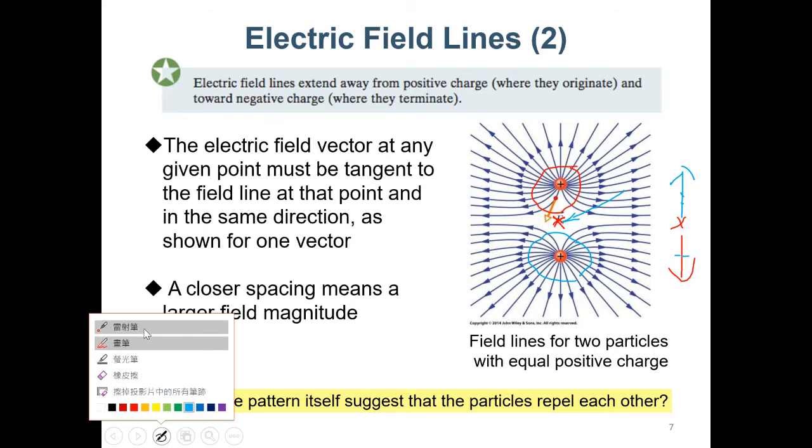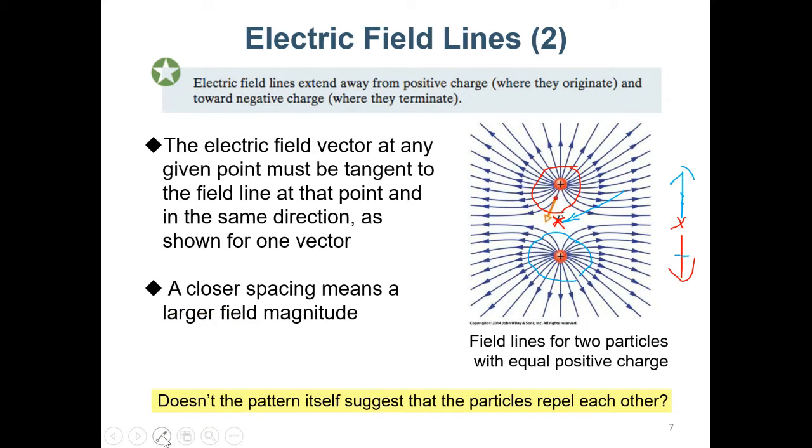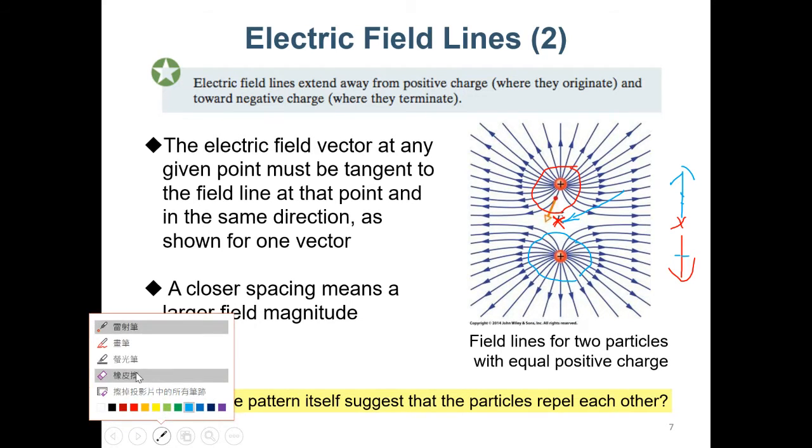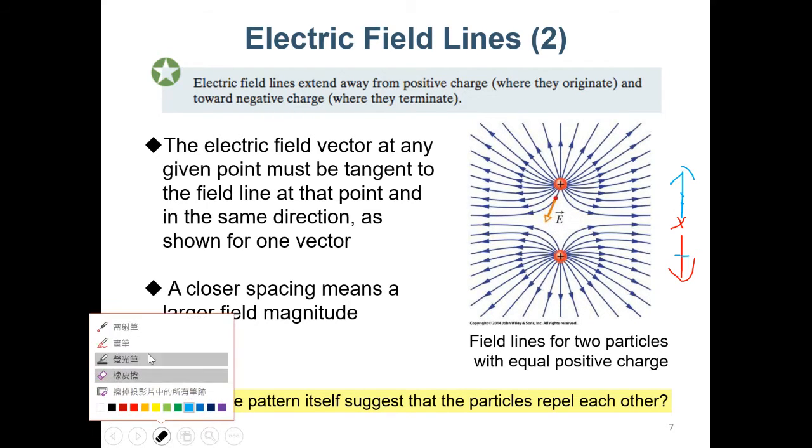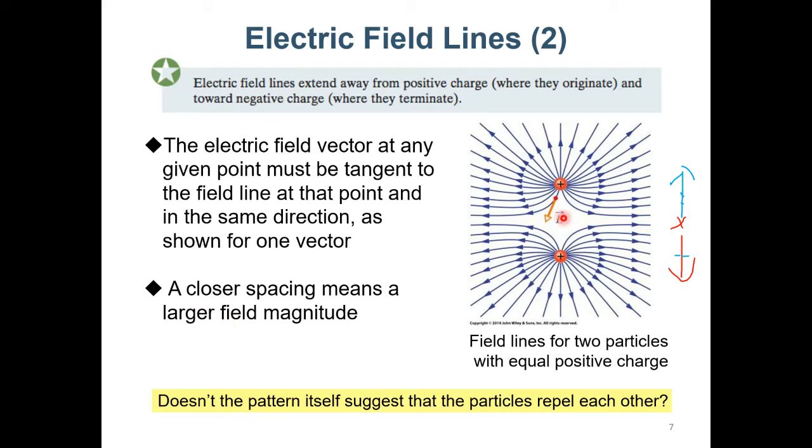So this is a visualized way to show the E field in the space. But actually, how large it is, you really need to calculate. You can only compare, for example, for this region, the E field is weak, and for this region, the E field is strong, something like this.